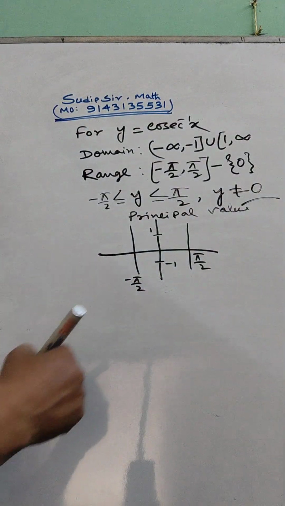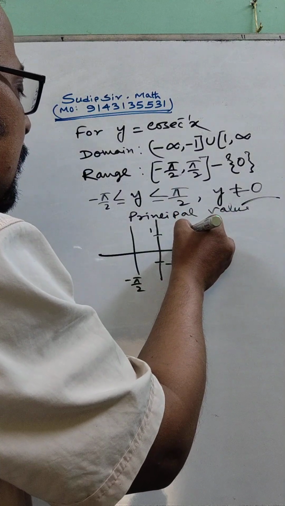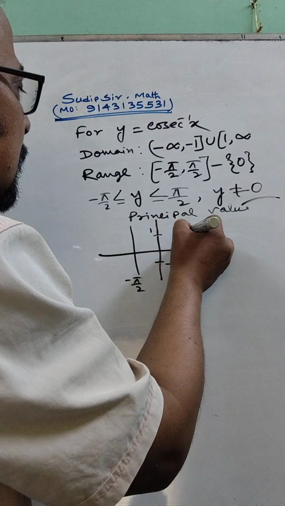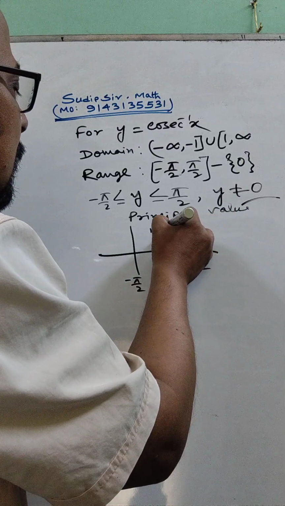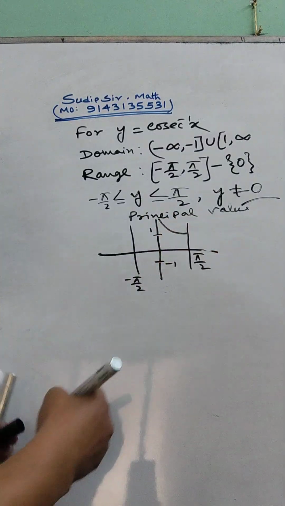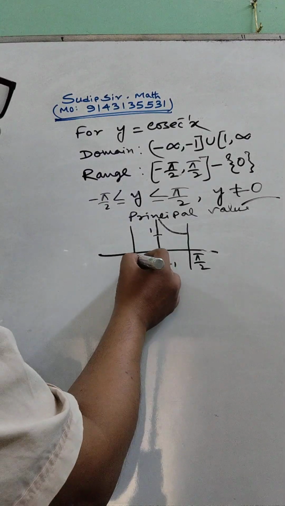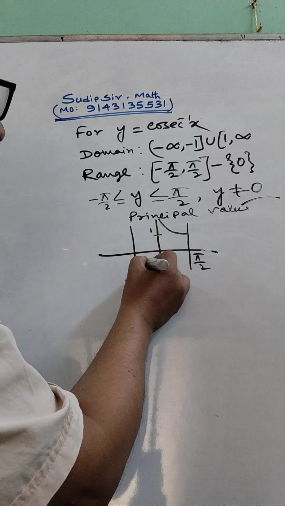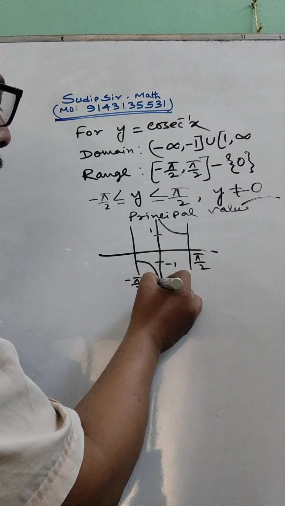So it will be like this, and from minus 1, it will be like this.